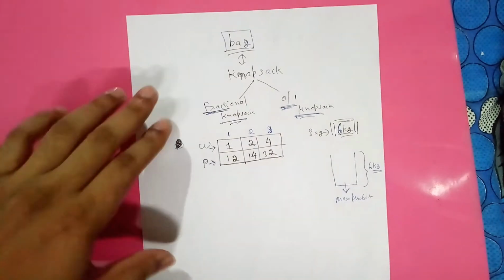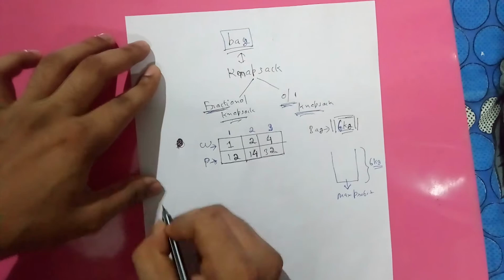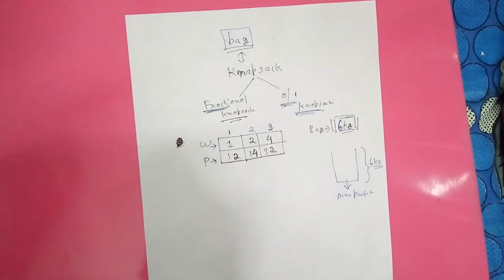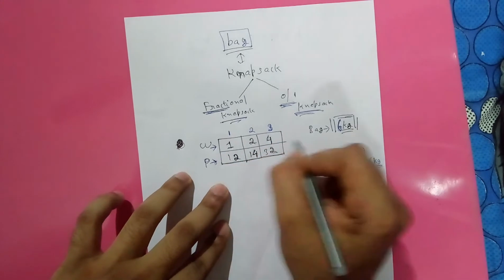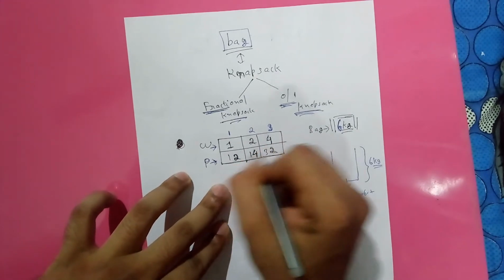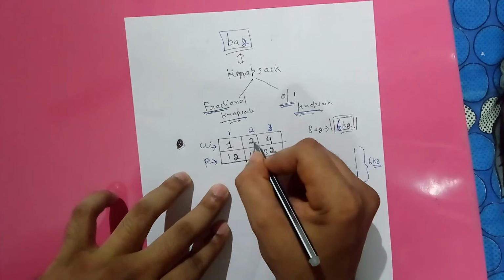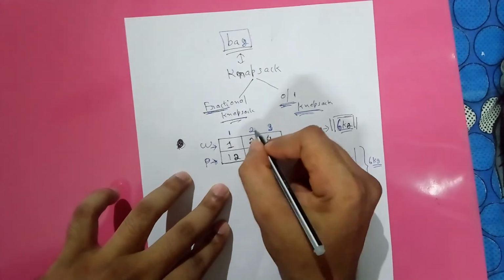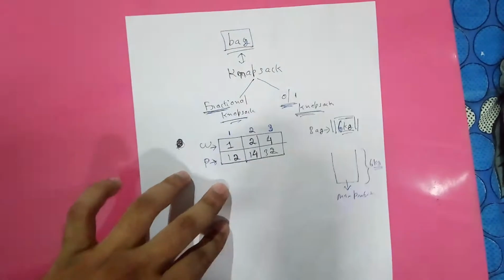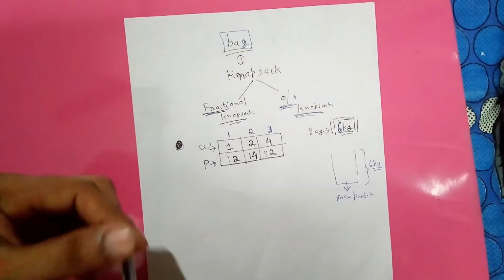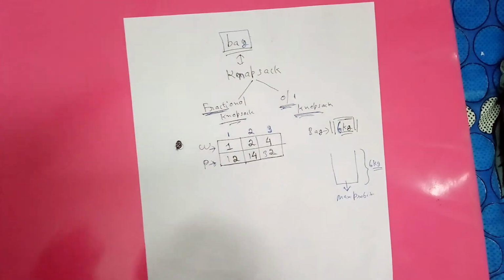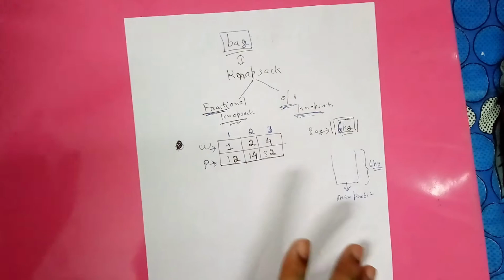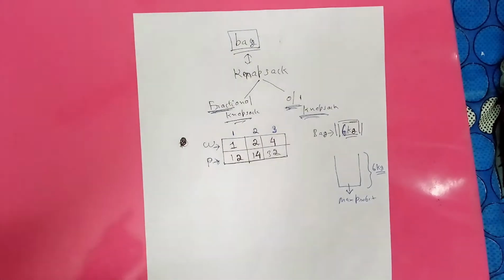What does fractional knapsack mean? First of all, assume these items are vegetables. If I go to a shopkeeper and tell him, I don't want this entire cauliflower, divide it into half and give me the half piece, he can give me that, because it is divisible.